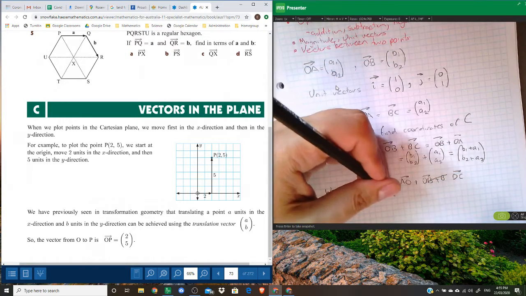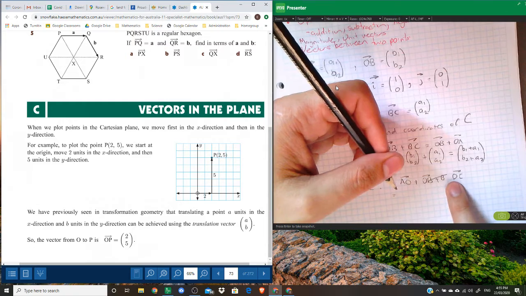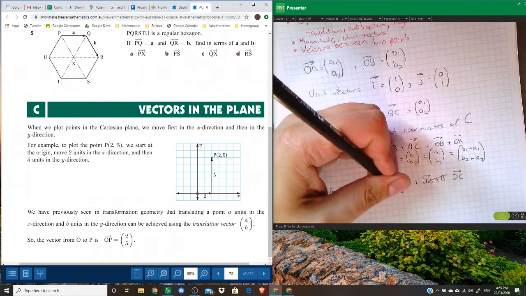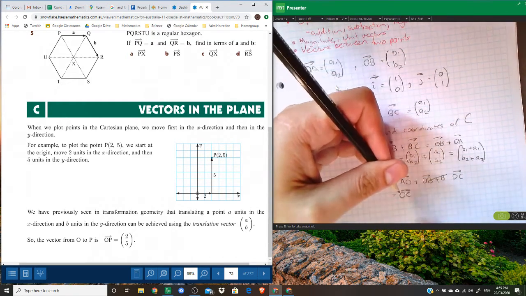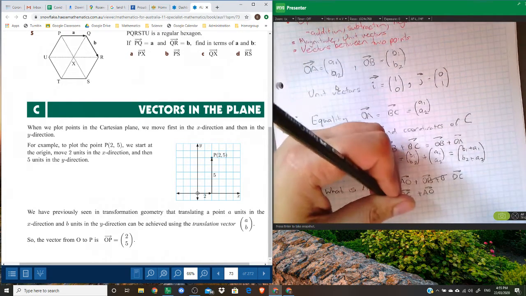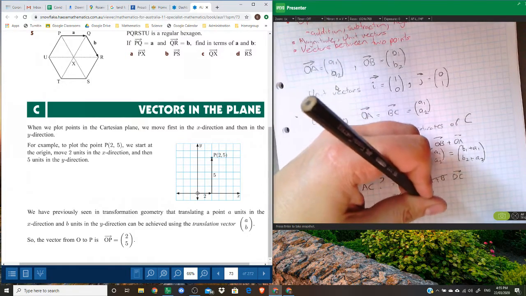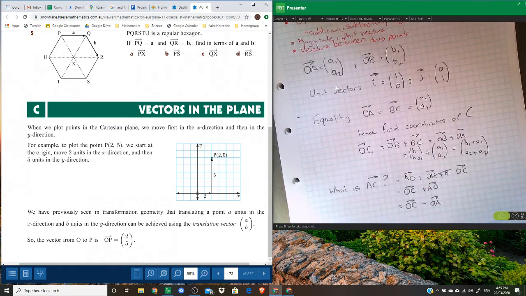So now, OC, I already know what that is. So I'm just going to write OC, and swap the addition plus AO. But I don't have AO in terms of OC, so now we're going to carry out a subtraction.